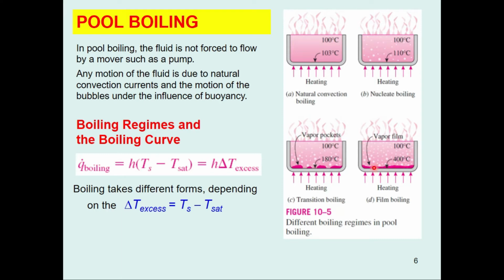Because of this vapor film, we say that the vapor is making a sort of film which is basically encapsulating or covering the heating surface. This film is due to the presence of vapors at the solid surface, and we will say that this is film boiling. These are the four different kinds of boiling, and we will see them on the boiling curve.